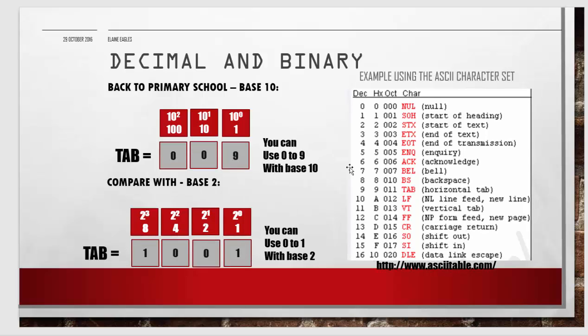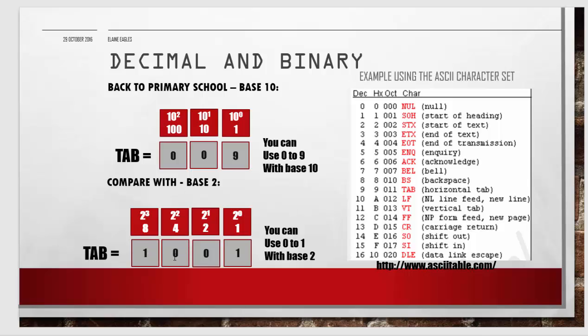Another example, the tab, that's decimal 9. Again, you just need 9 units. If it was 10, then you'd have to set this to 1 and that to 0. In binary, again, we need something to represent a 9, so we need 8.